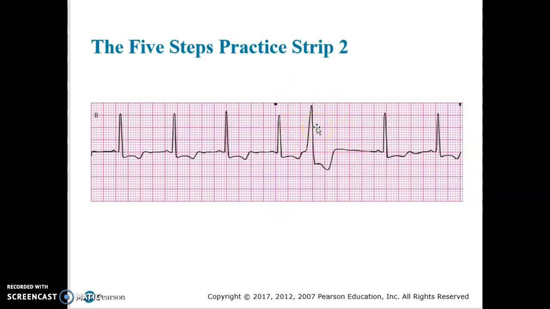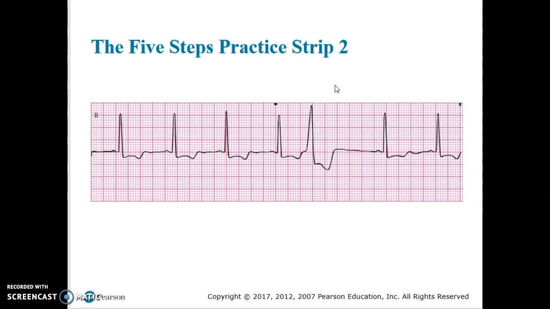We do have one that is not shaped the same. So when we look down, this rhythm is regular, okay? So we've got to determine regularity. It is regular, but it's interrupted here by a premature beat. The RR intervals are 21 to 21 and a half, and then it's 13 on the premature beat.